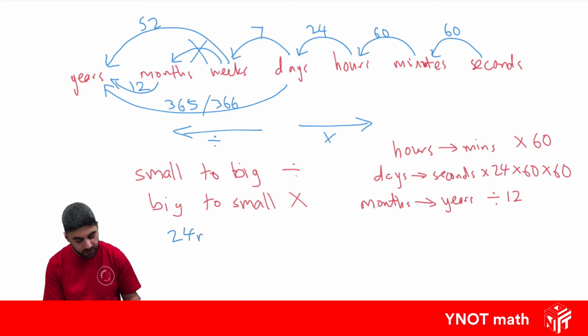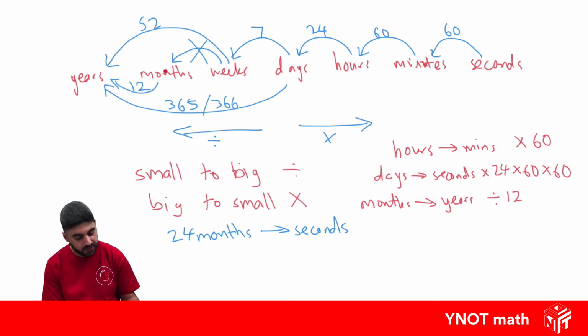How can we change 24 months into seconds? How many seconds is in 24 months? Well, to go from months to seconds, remember, that line doesn't exist.